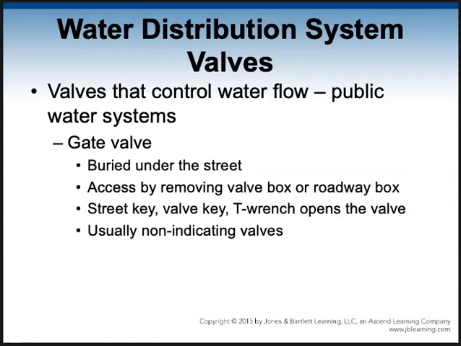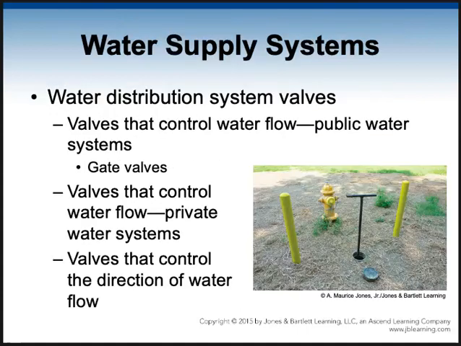A gate valve is usually one that is buried under the street or could be used in an OS&Y, and gate valves slide up and down with a screw that's attached to it and usually a wheel at the top. You turn the wheel, or maybe it's just a nut. And here, let me go back to that other picture.